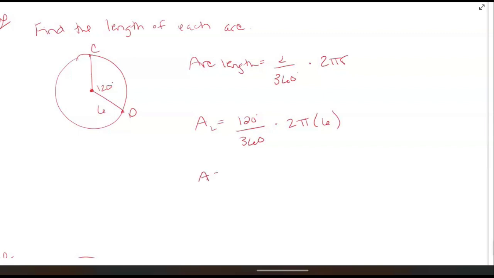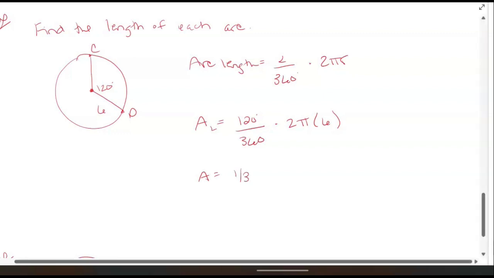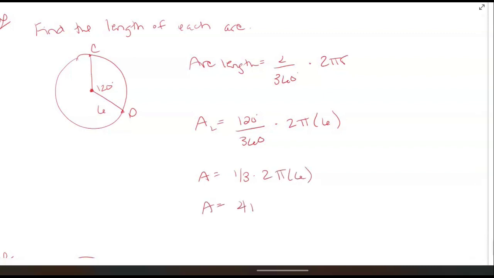All right, and then do your fraction first. And you're going to get 1/3 times 2 pi 6. Multiply that together, and you're going to get 4 pi. Again, I should have put some units here, centimeters. Let's say that's centimeters.